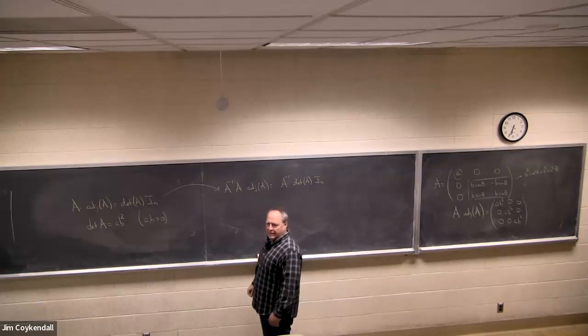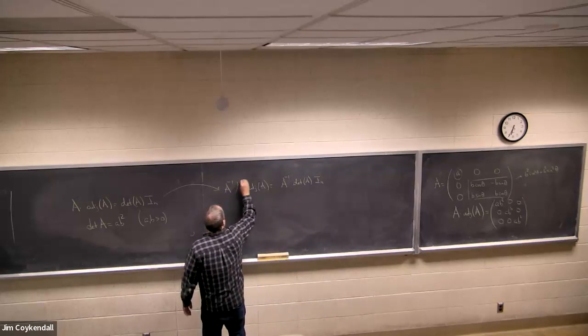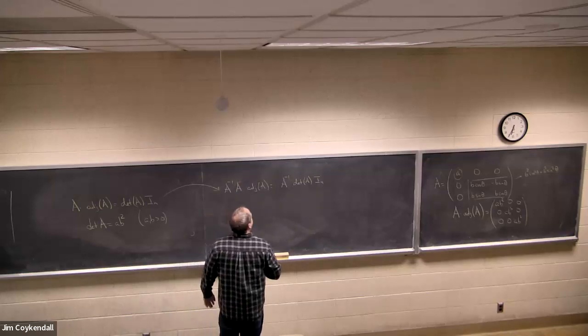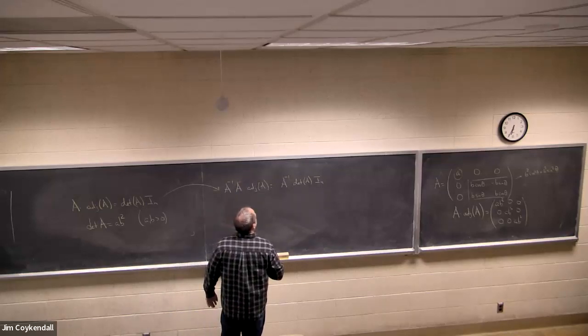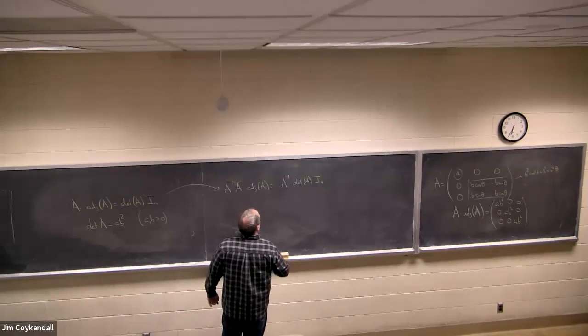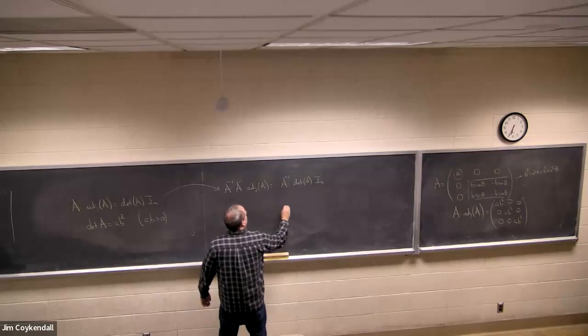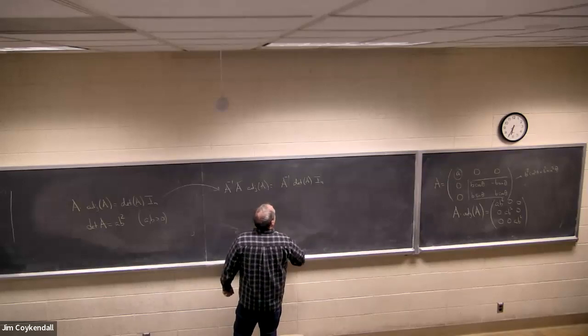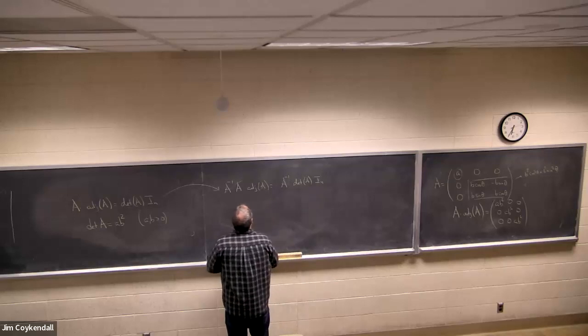Multiply both sides by A inverse on the left. That's the identity. So right, this right here is, of course, the identity matrix, so it doesn't affect anything.